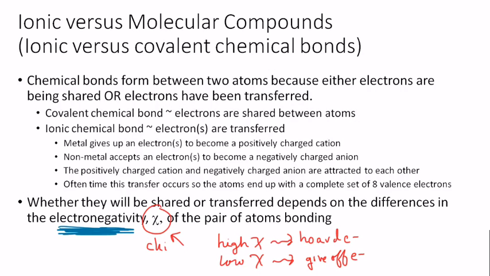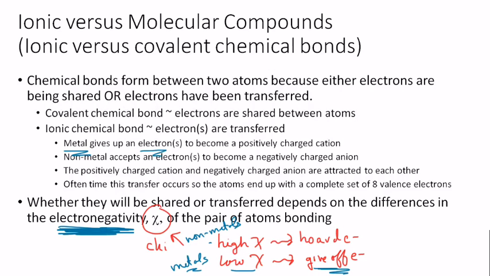If I was to ask you which one gives off electrons, what did we see? We saw that metals tend to give up electrons. So metals tend to have a low chi, low electronegativity. In a tug of war, in other words, they're like, go for it. They give it up. In a tug of war, nonmetals have a high electronegativity. They have a high chi.